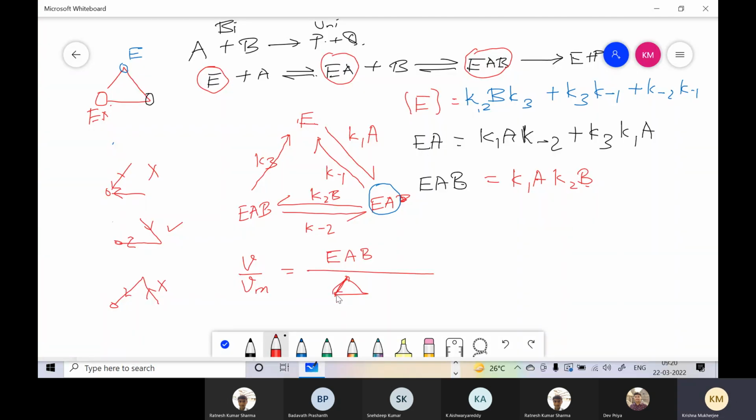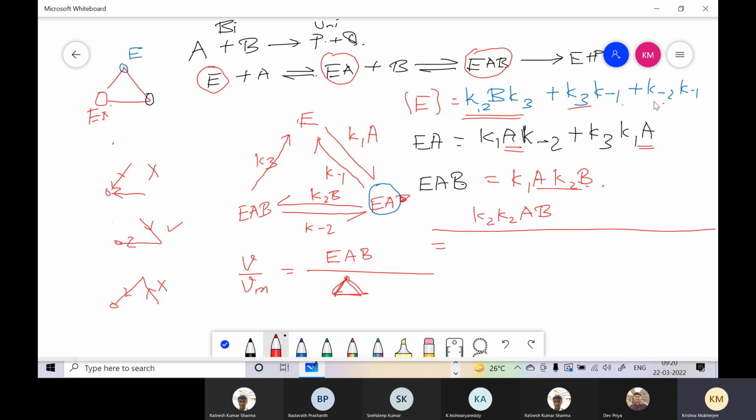The delta, which here is equal to K1, K2, AB divided by all these things taken together. So notice that there is a B term here and some of this, and there is an A term here, and there is an AB term here, and there are some constants.